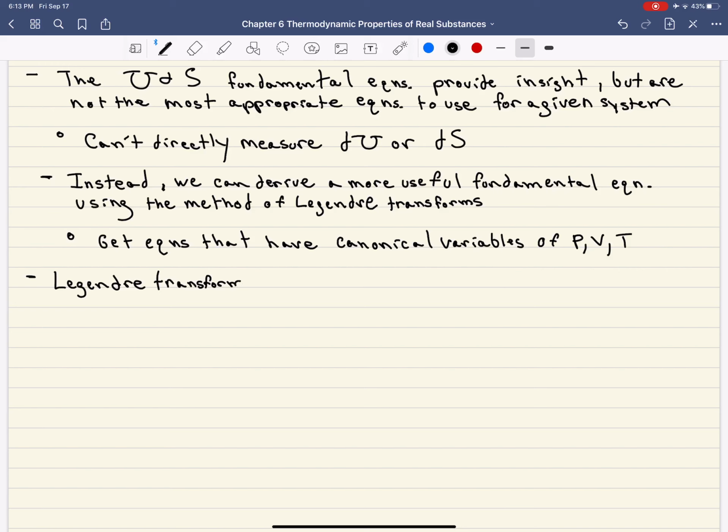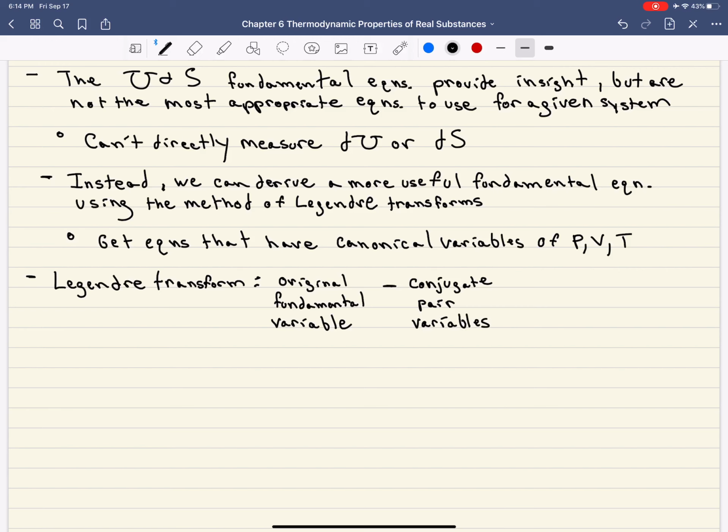Right? And so the way to think of it, a Legendre transform is just taking your original fundamental variable, like, say, for instance, U, your internal energy. And then what you do to it is you subtract off a conjugate pair of those variables.